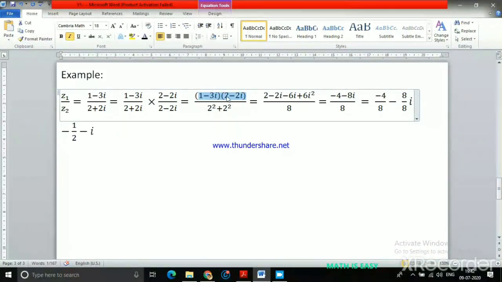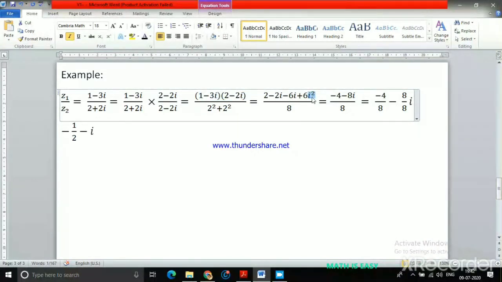Now I open up the bracket. 1 multiplied with 2 is 2. Then again 1 multiplied with 2i, so plus into minus is minus 2i. Then minus 3i is multiplied with plus 2, so minus 6i will come. Then minus 3i multiplied with minus 2i: minus into minus is plus, 3 twos are 6, and i into i is i square.